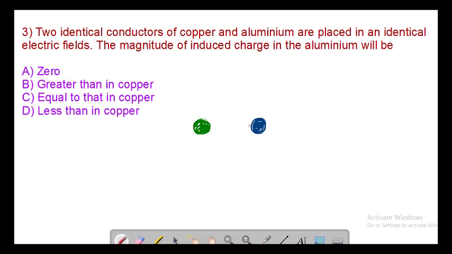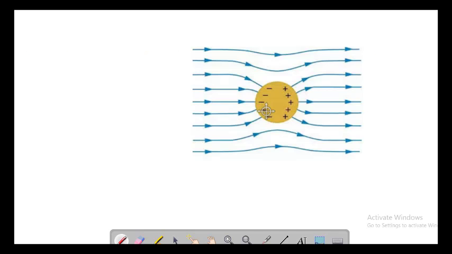Induced charges are developed on the surface of the conductor. Now I will show with the diagram. In this diagram we can clearly see the direction of the electric field. At this surface negative charges are developed, and at this surface we have positive charge. They are developed so that the field inside the conductor is 0.